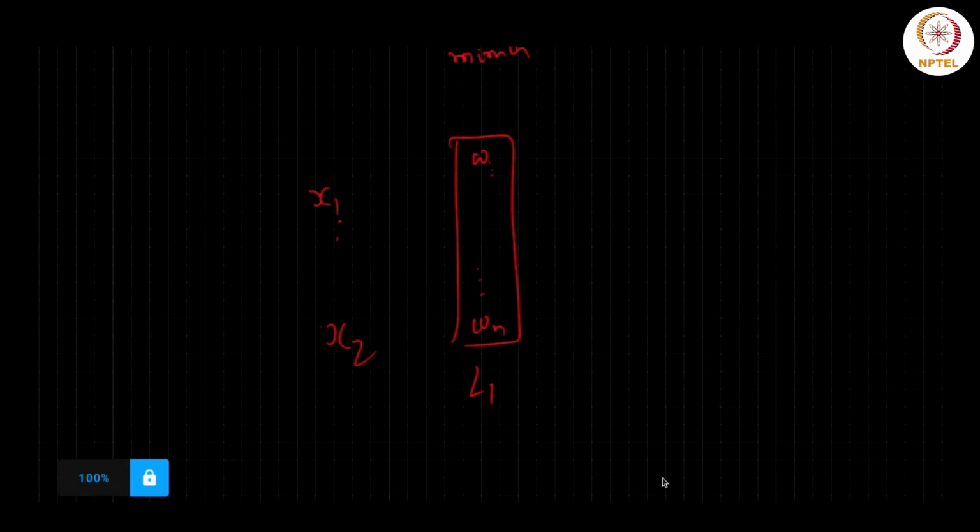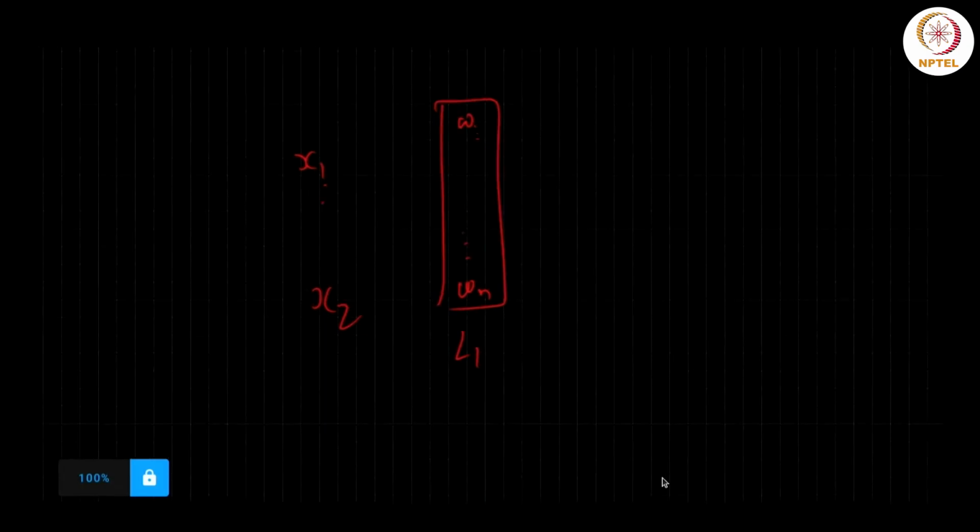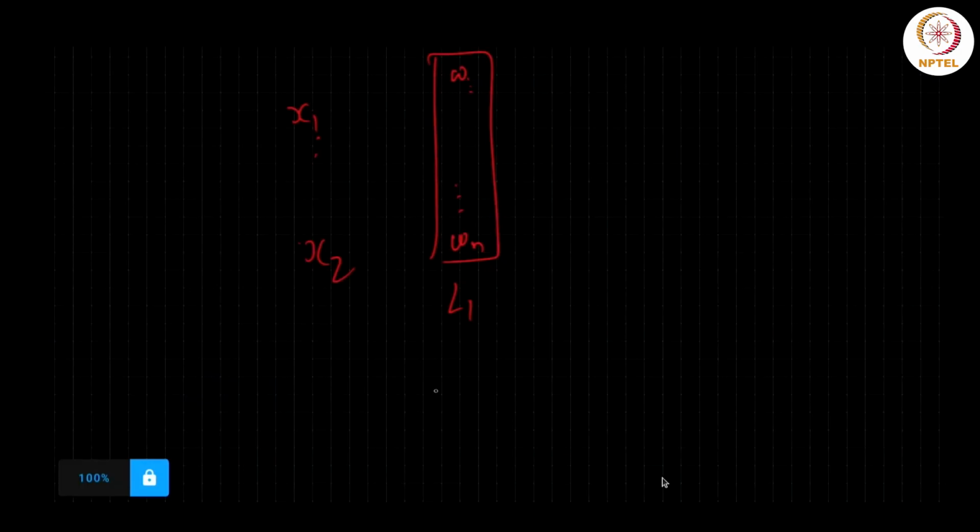What happens internally? What do we mean when we say that x1 is passed through this particular layer? Usually there is a weight matrix, and you are multiplying by x.